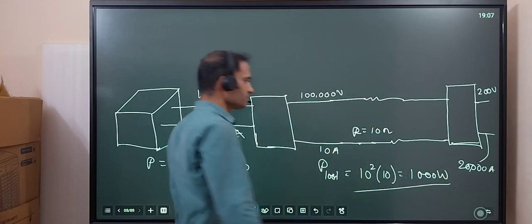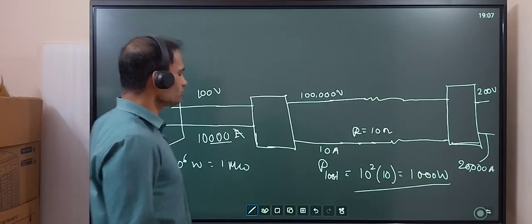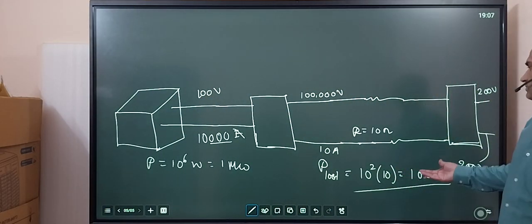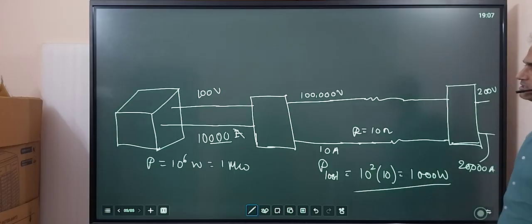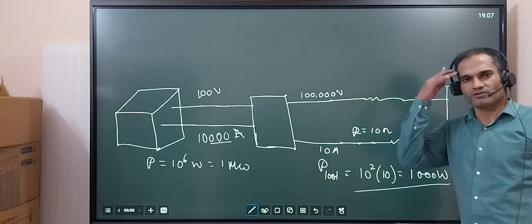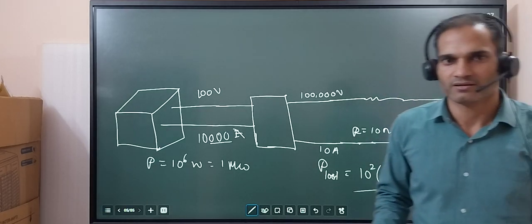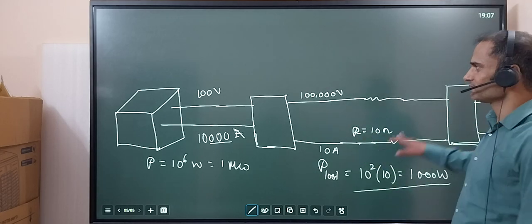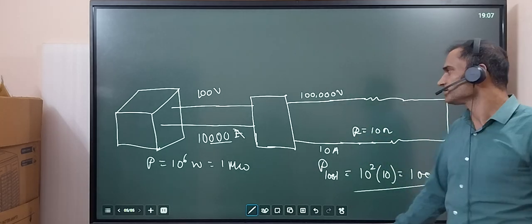So out of 1 megawatt, 1000 watt is lost. I am giving these figures, these are not real figures, these are good for calculation.